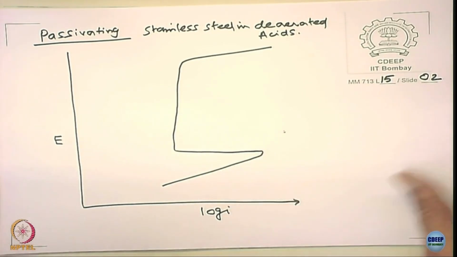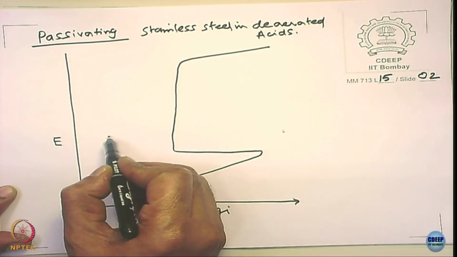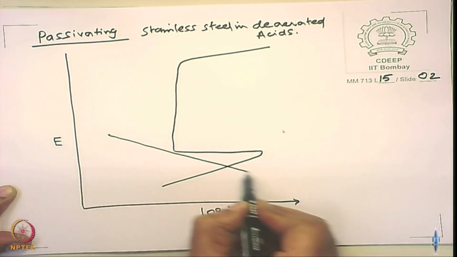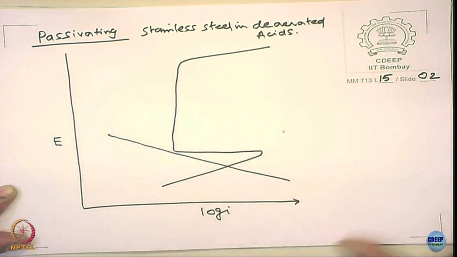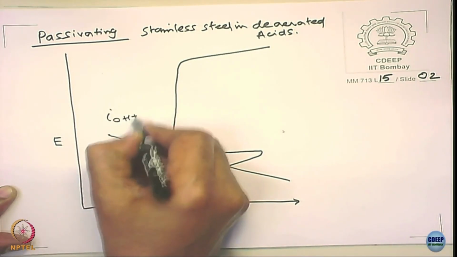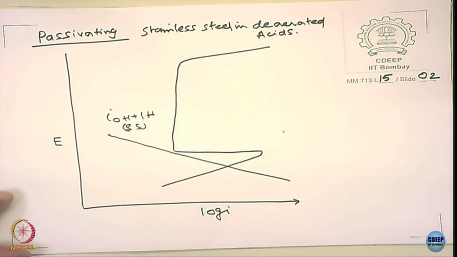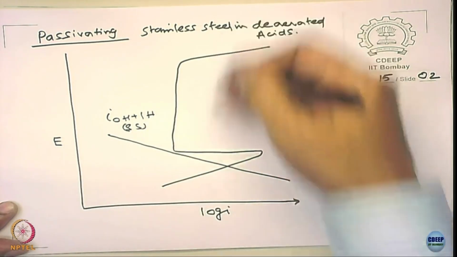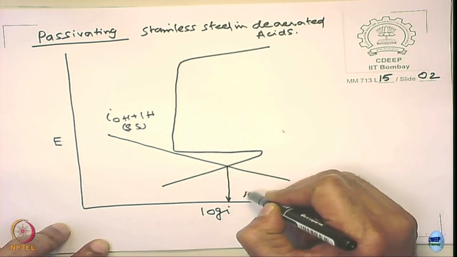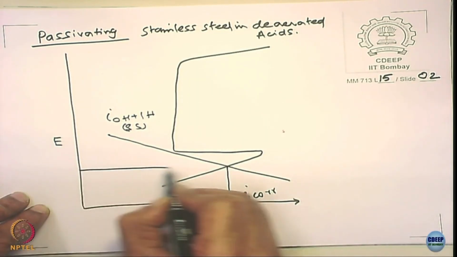So this is corroding here, the metal is undergoing this, let us say, i naught H plus, H on stainless steel. Okay, this is an active passive dissolution, and you guys know that it is an icorr. This is your Ecorr.